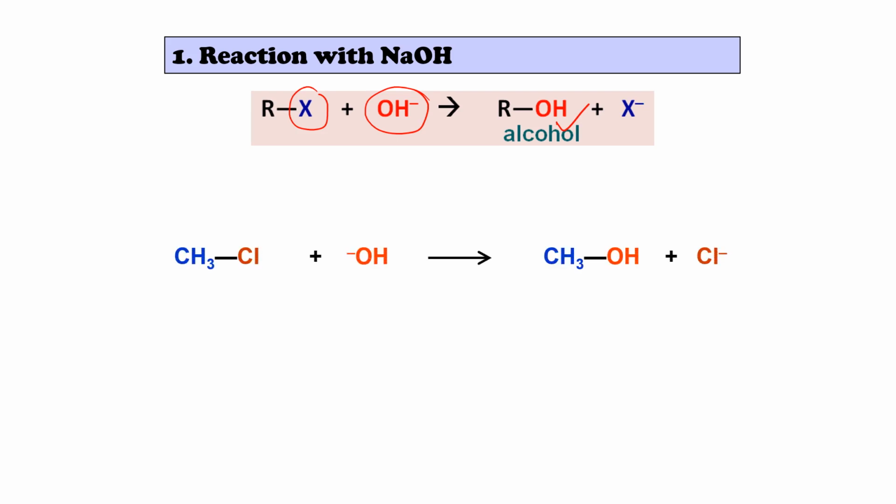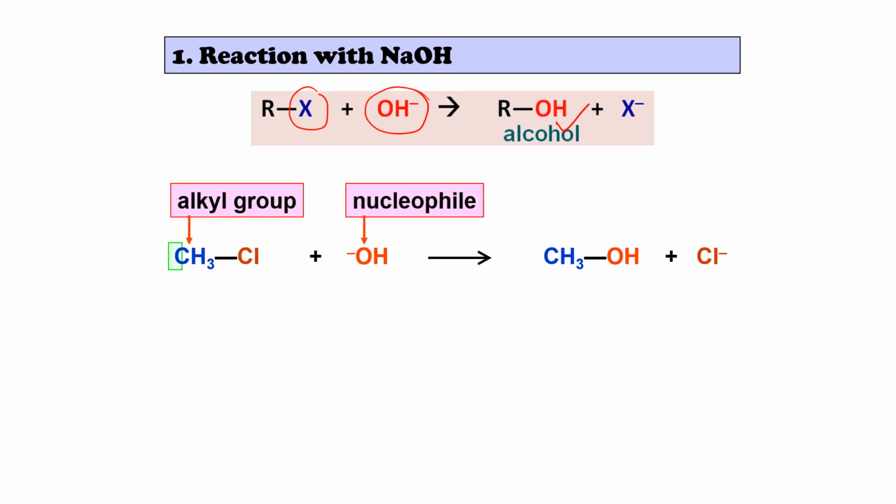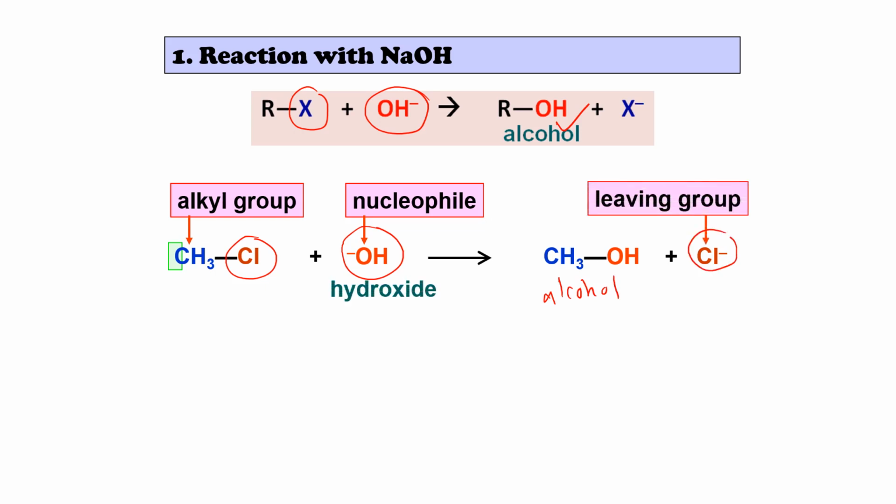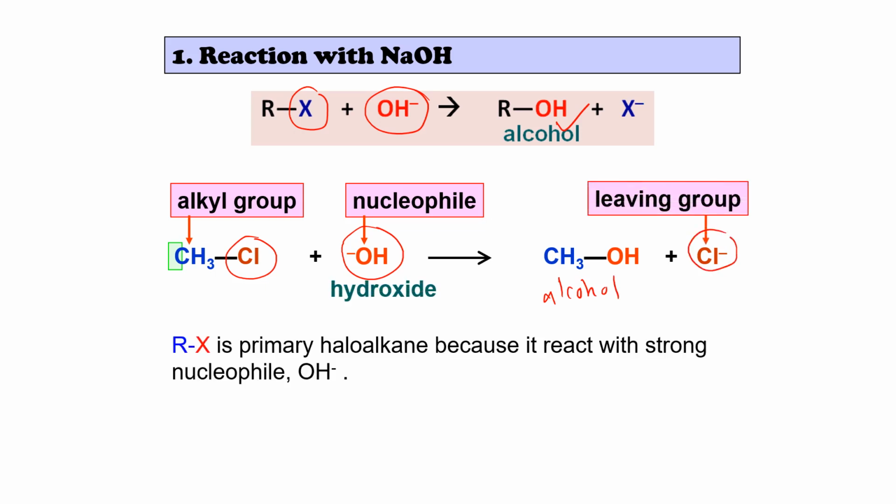For example, chloromethane reacts with hydroxide ion. So OH minus as a nucleophile will replace Cl. The product formed is alcohol and Cl minus as a leaving group. RX is primary haloalkane because it reacts with strong nucleophile.